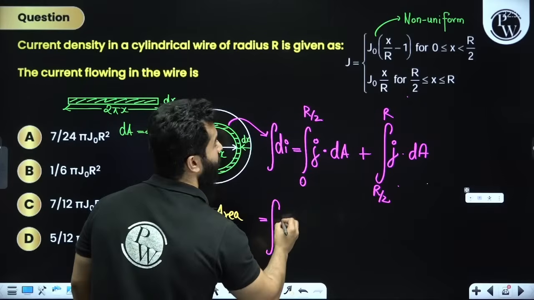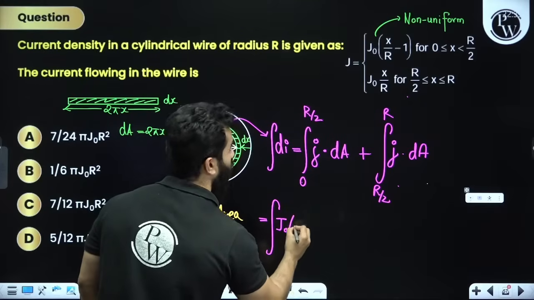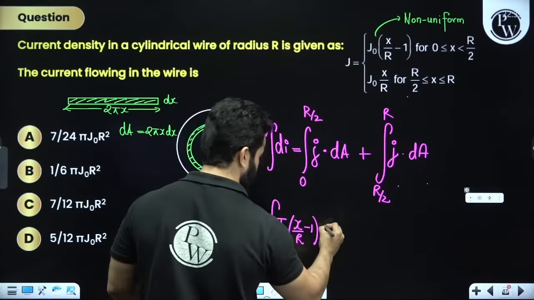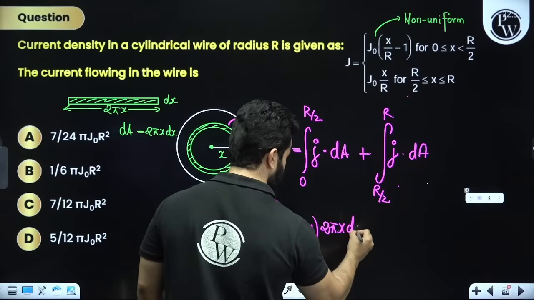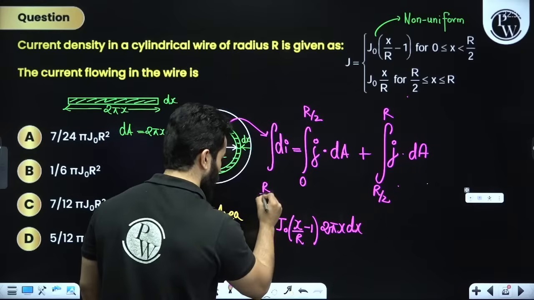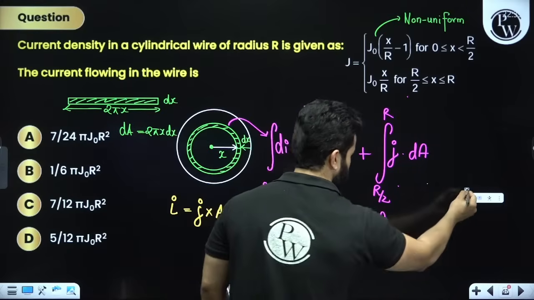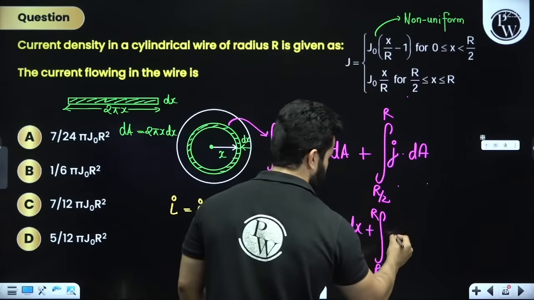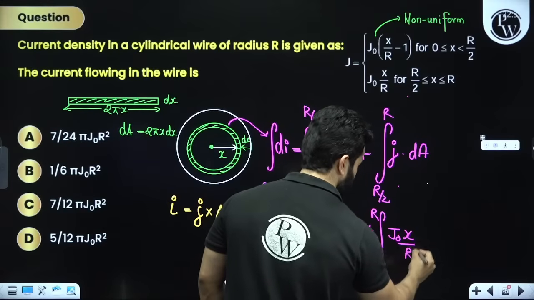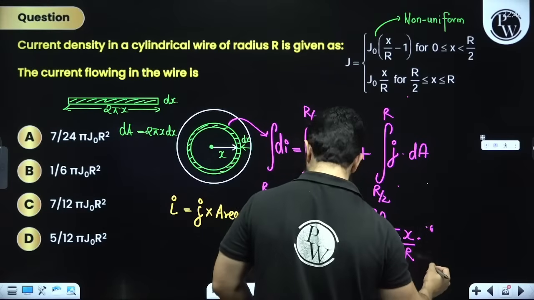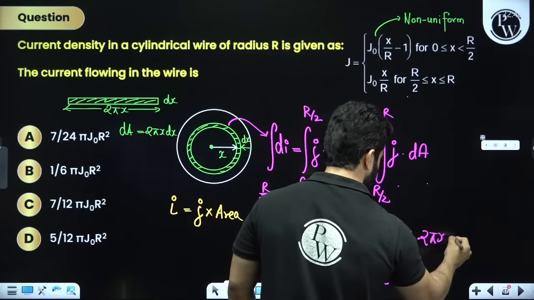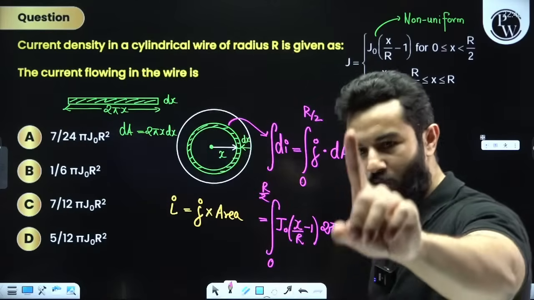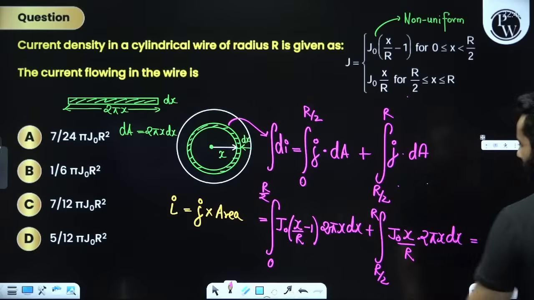So this will become J naught, x by R minus 1, multiplied by dA, and dA is 2 pi x into dx, from 0 to R by 2, plus integration from R by 2 to R, and this will become, my dear friends, J naught x by R dot dA, that is 2 pi x into dx, and then integrate it and then enjoy. Clear? First, quickly write down in the chat box if this is clear. Find out the answer after this.